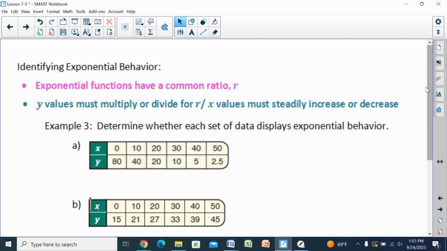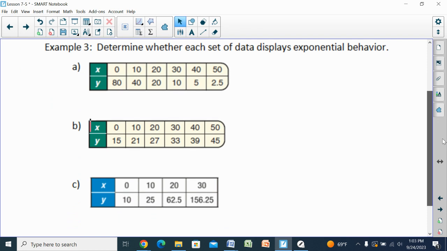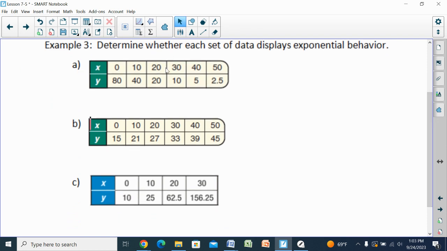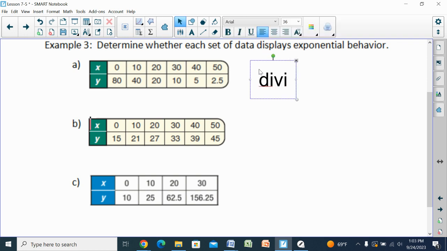When I look at example 3a, we've got our x values going up by 10. What's happening to our y values? Our y values are getting smaller, right? So dividing, not multiplying. These are dividing by 2.